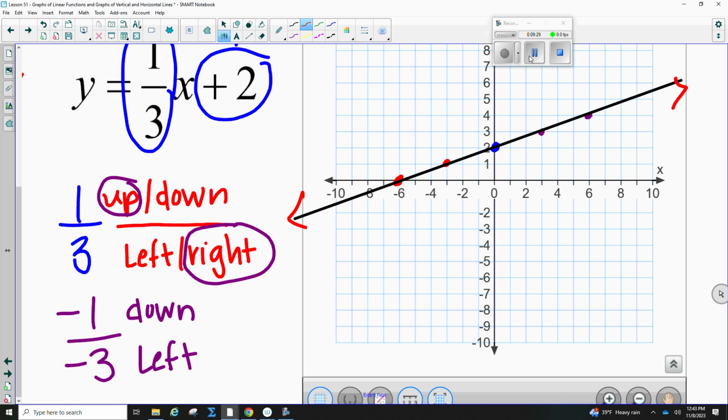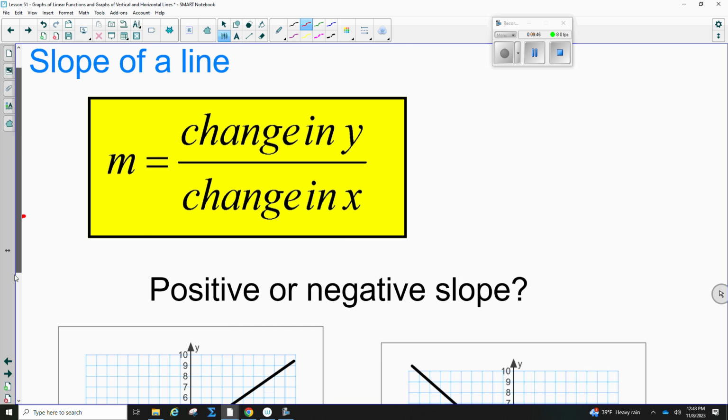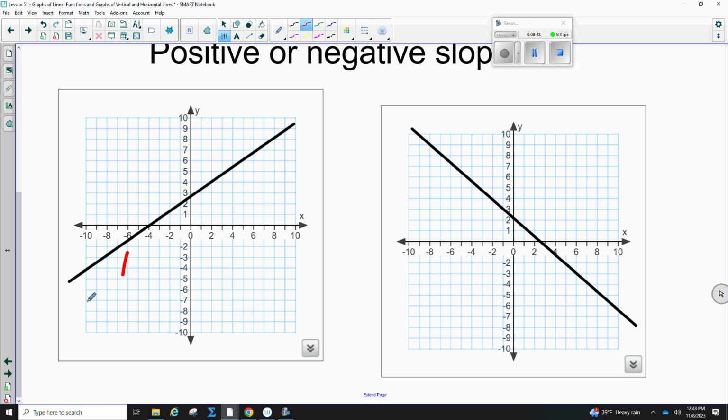So again, the m is always equal to the change in y over the change in x, meaning the top number always goes up or down, bottom number goes left or right. Just really quick, don't write this down, but this slope right here, is it positive or negative? Yes, this is a positive slope.